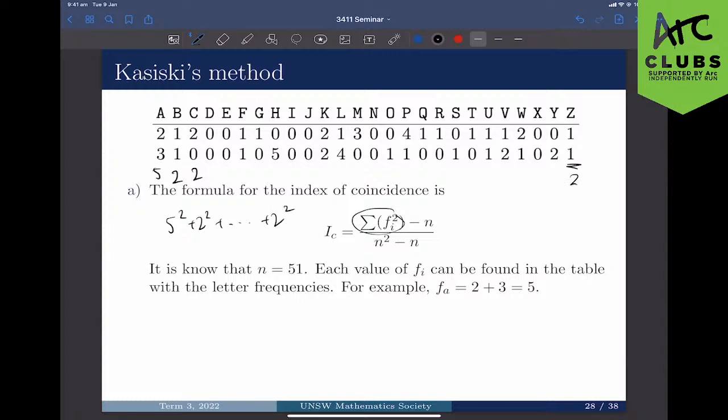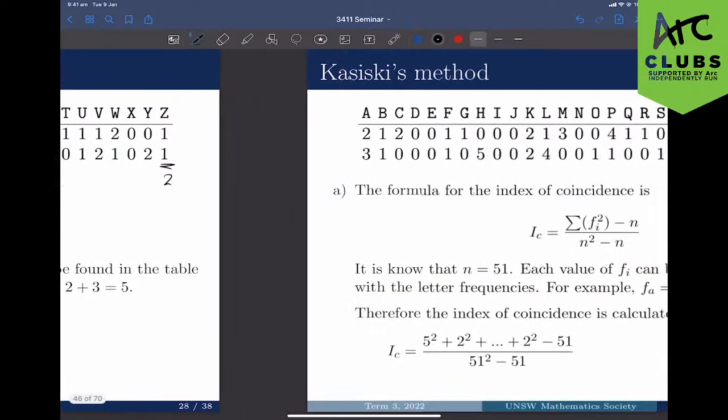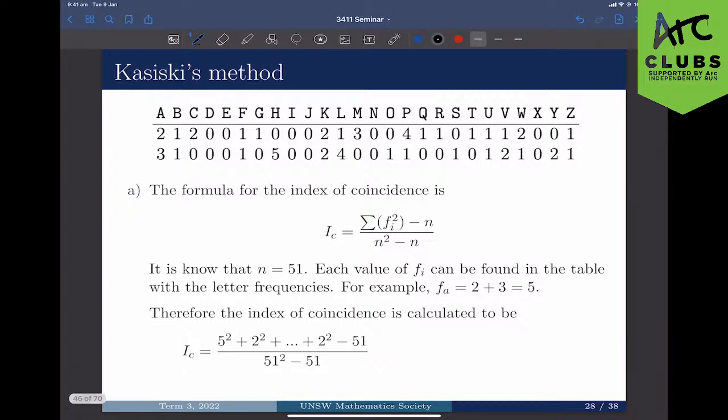This is what the sum of Fi squared is equal to. We put it into our calculator, and it comes out to be approximately 0.0478. So that's our index of coincidence.